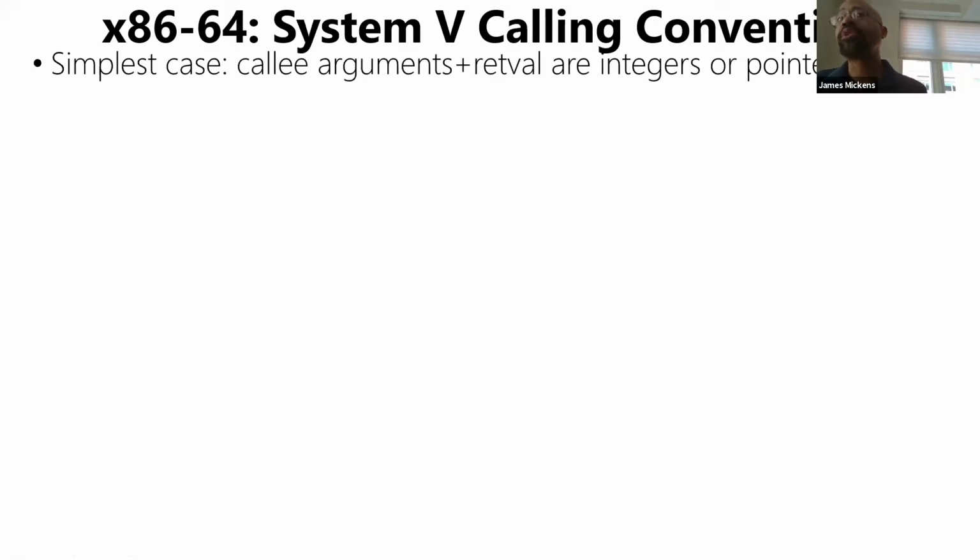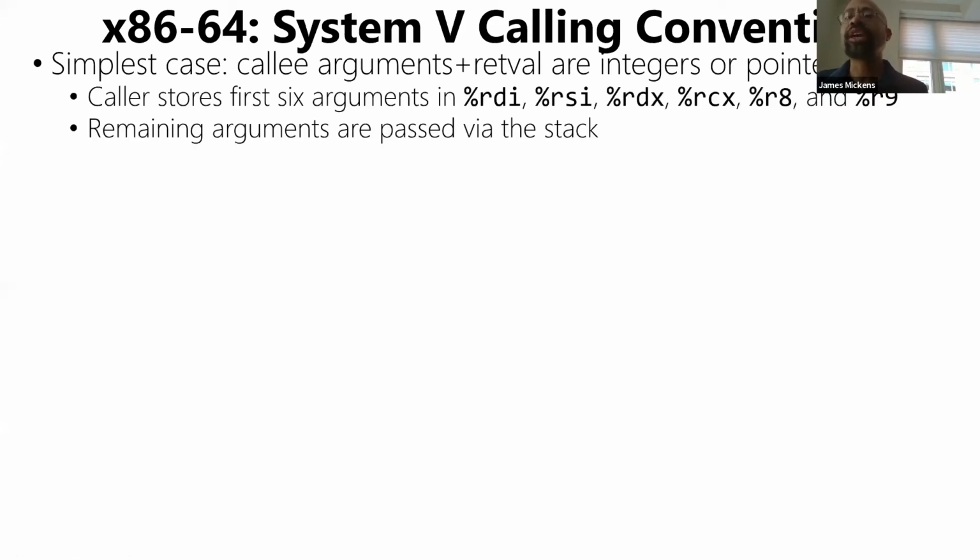So on a 64-bit x86 system, the simplest case is that all of the arguments and the return values are integers or pointers. In this case, the caller is going to store the first 6 arguments in the registers that I list up there: RDI, RSI, RDX, RCX, R8, and R9. And any remaining arguments are passed via the stack. And when the callee is finished, the callee is going to place a return value in RAX. So this is the System V calling convention.